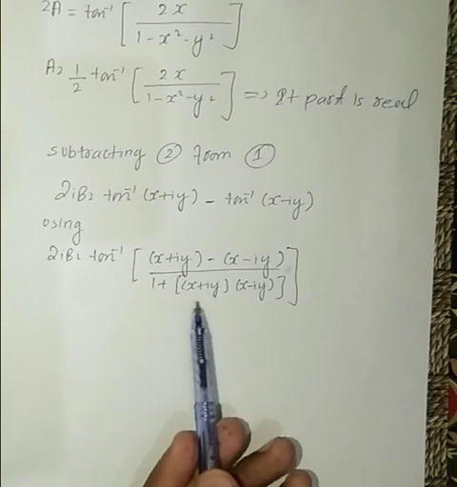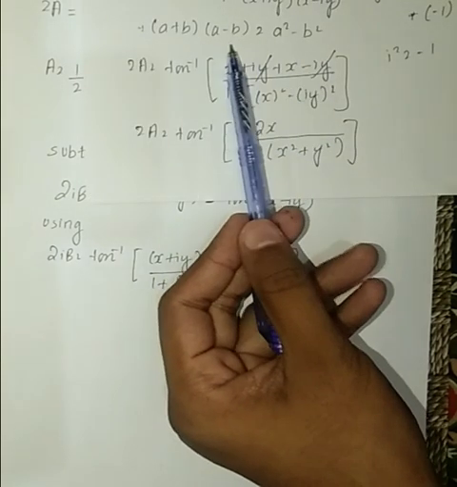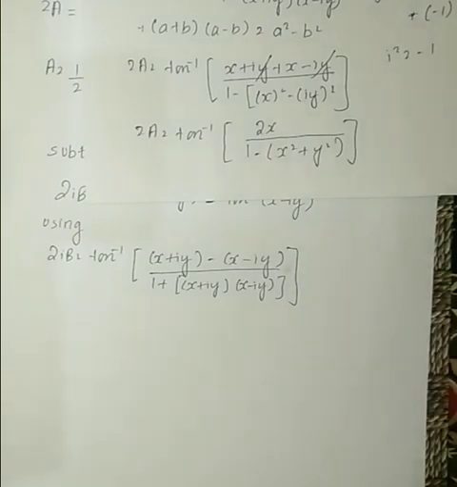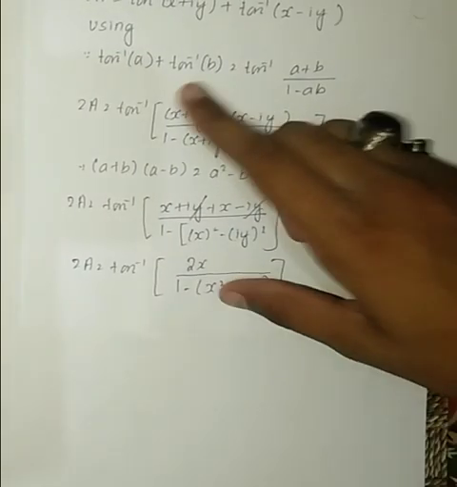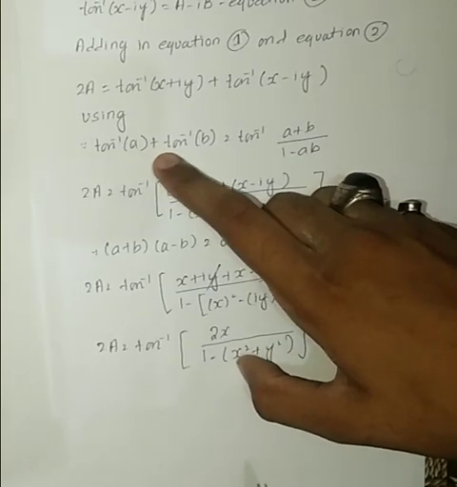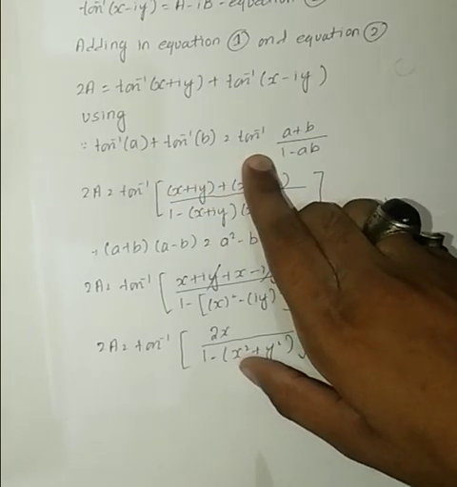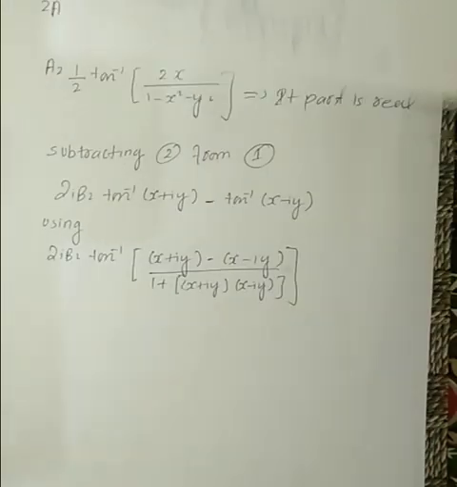So using the formula a plus b times a minus b equals a square minus b square, the denominator has the same steps. So first for the real part, the trigonometric formula is tan inverse a plus tan inverse b equals tan inverse of a plus b over 1 minus ab.